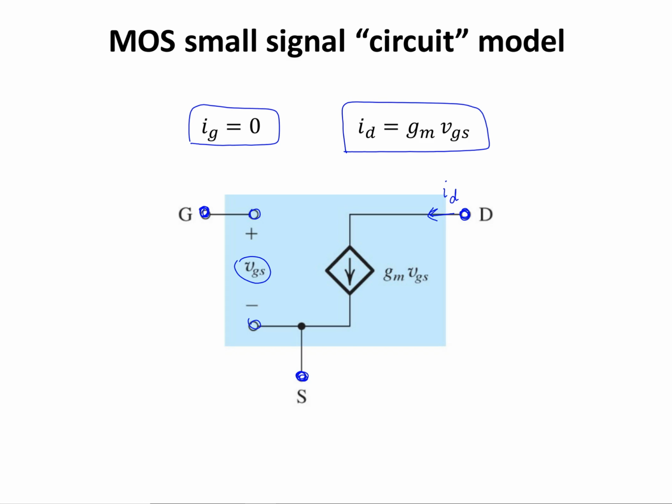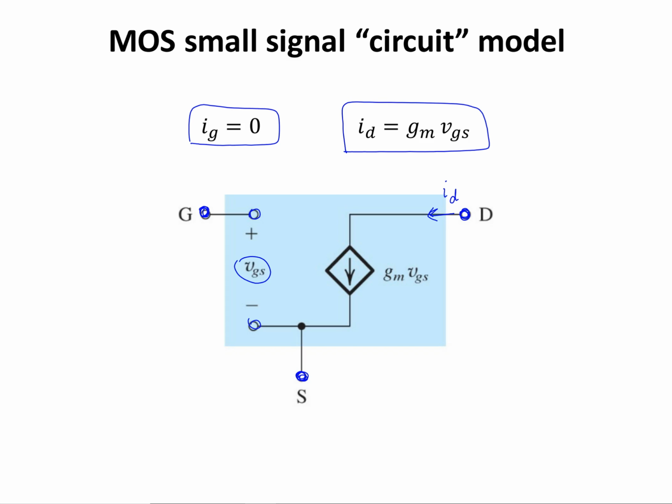Our model is missing a parameter, and that is to model the effect of drain to source voltage on the drain current. If you remember, at the start of these derivations we assumed that lambda is equal to 0, or we neglected the effect of channel length modulation. However, the ID equation for the MOSFET in the saturation region takes into account the effect of channel length modulation using a term that is multiplied to the ID current.